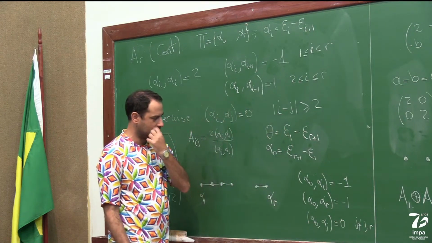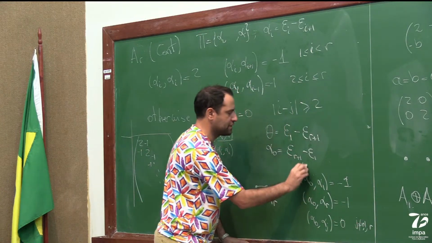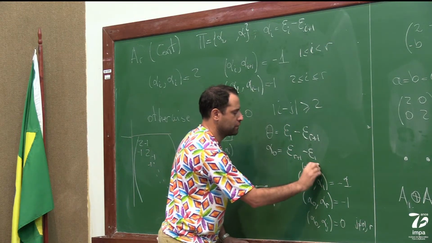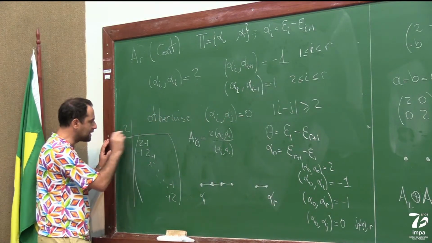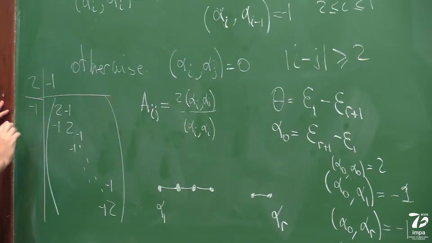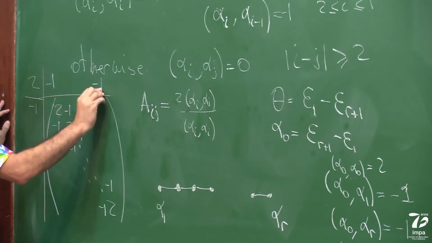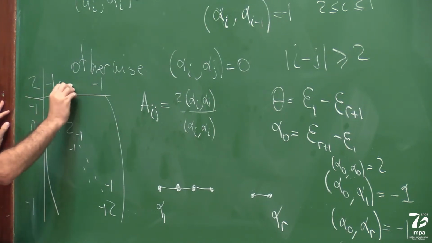And (alpha_0, alpha_0) is clearly 2. So this extended Cartan matrix has still a 2 in the diagonal. It has a minus 1 here, minus 1 here. But it also has a minus 1 on the last entry and a minus 1 on this last entry. And everywhere else is 0.